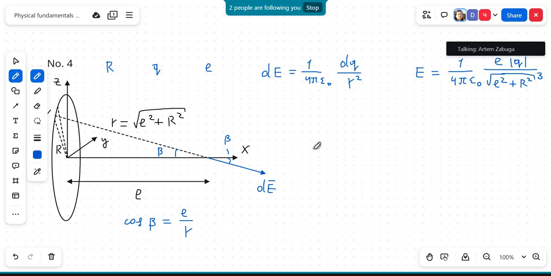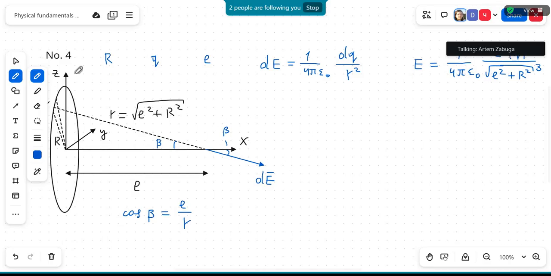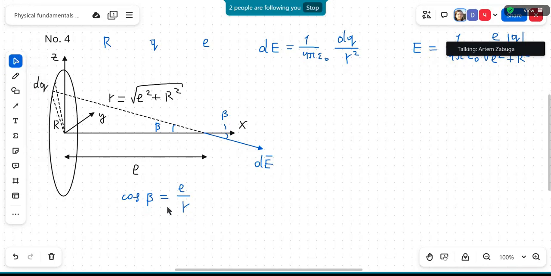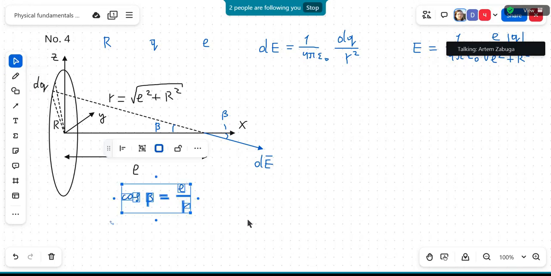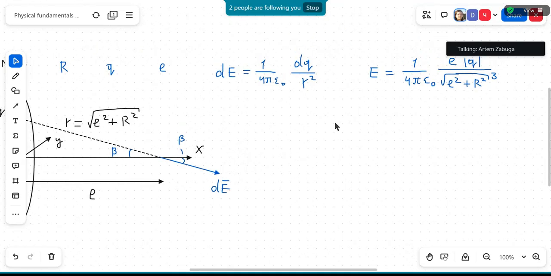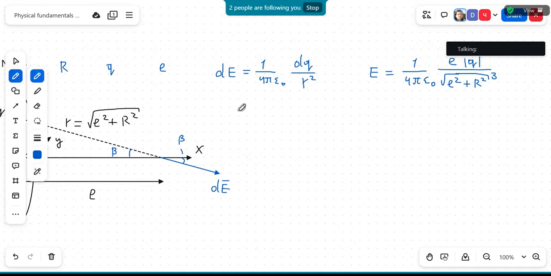How to find this value? I think it may be done in the same way as it was for electrostatic field intensity.